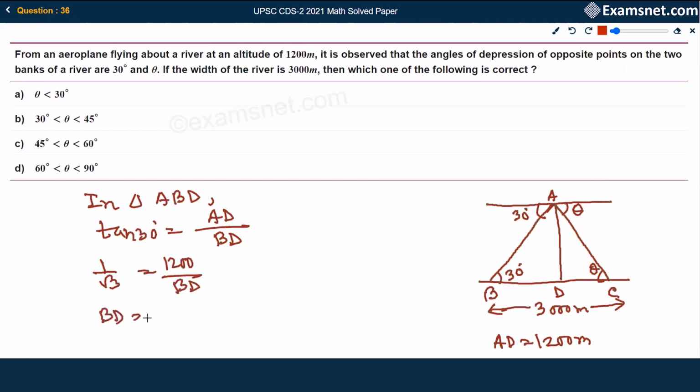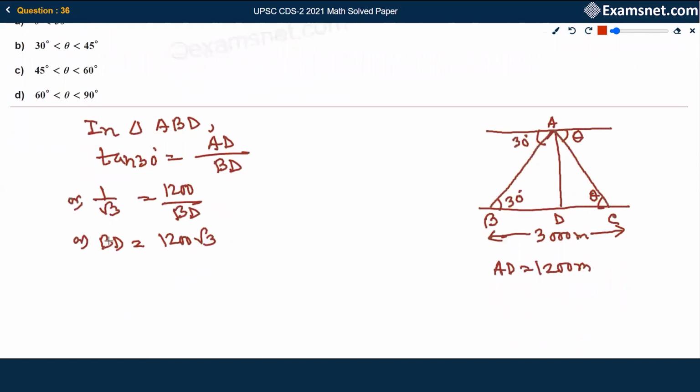So the value of BD is 1200 root 3. Next, we can find the value of DC, that is BC minus BD. So DC is 3000 minus 1200 root 3.